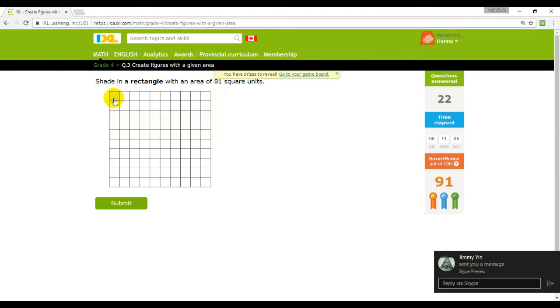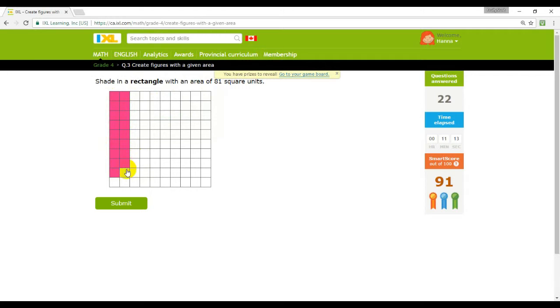That'll be 9 rows of 9s. There. Okay, 56.